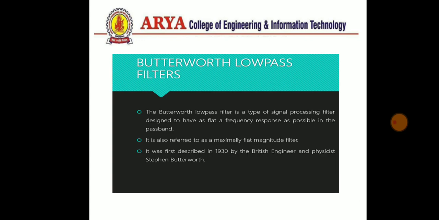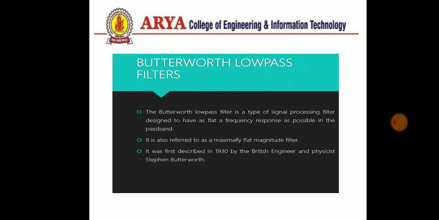Now the second type of low pass filter is the Butterworth low pass filter. This type of filter is a signal processing filter designed to have as flat a frequency response as possible, and it is also known as the flat magnitude filter.